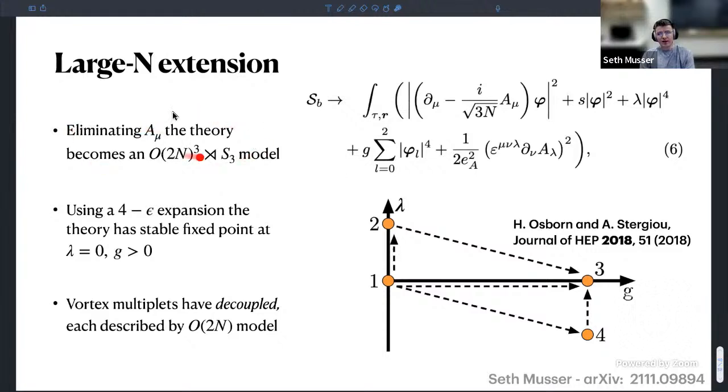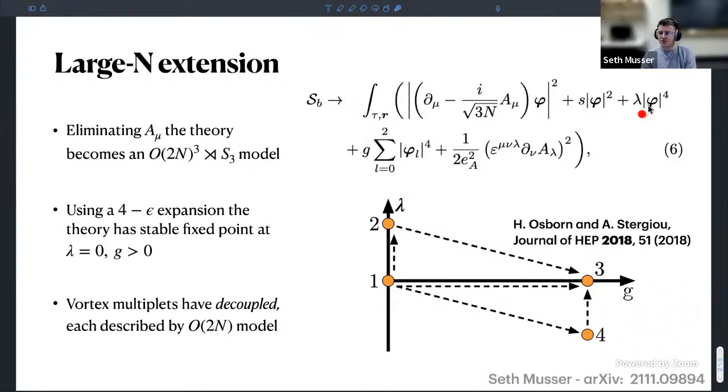So, all right, in the n goes to infinity limit, a_mu will drop out, and this will just become an O(2n)^3 product with S3. So what that means is all of these vortex flavors are permuting amongst themselves, and each of them individually has an O(2n) symmetry. Now, thankfully, this was already studied by Osborn and Stergiou. In the high energy context, they used a 4-epsilon expansion to find a stable fixed point at lambda equals 0, G greater than 0.